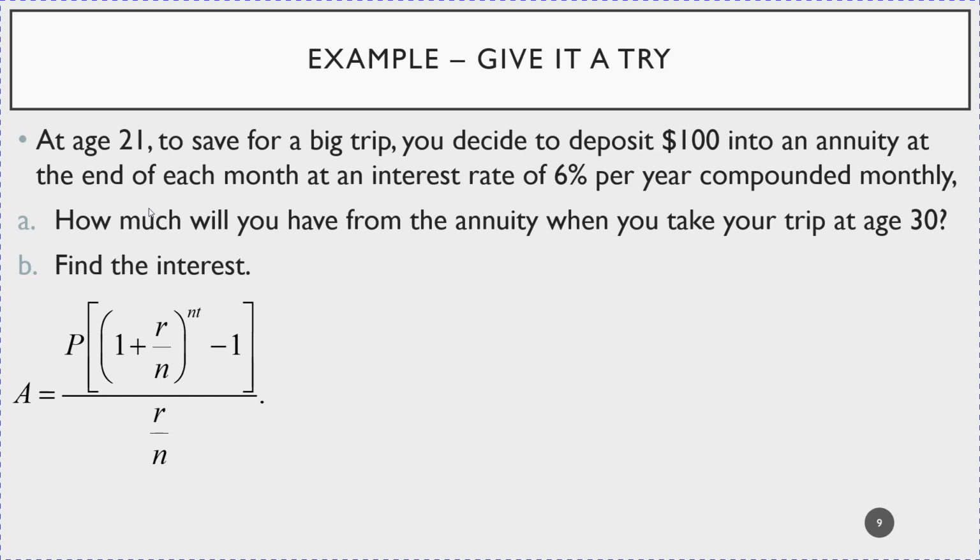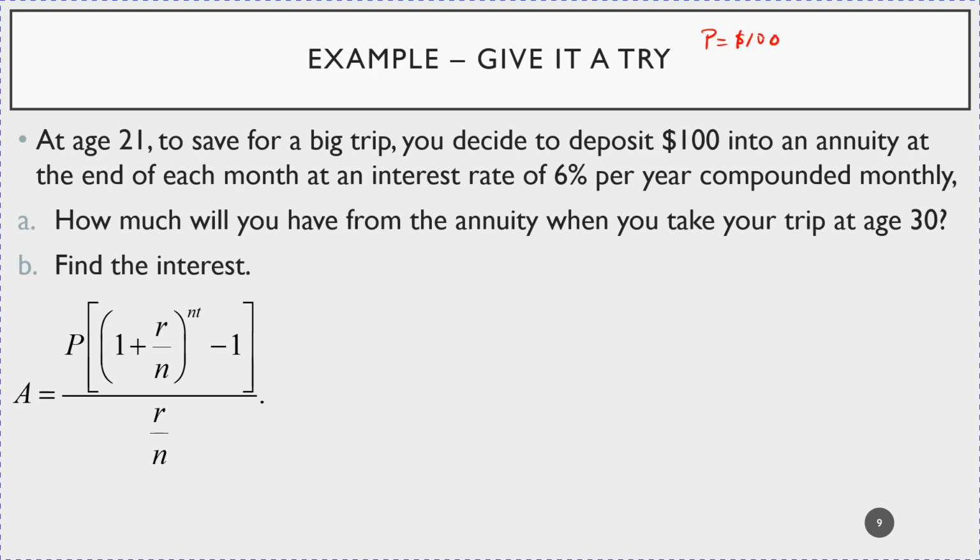All right, so hopefully you gave it a shot and paused the video. And if not, and you just want to see another example, let's jump into it. So at age 21, to save for a big trip you want to take, maybe you want to go to Europe or something, you decide to deposit $100.